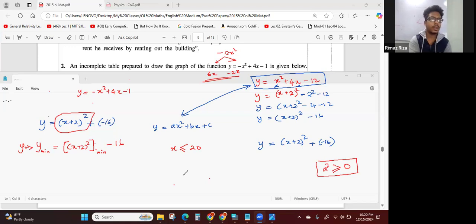Tell me, does this x have a maximum value or minimum value? Okay, I got the answer from Safa. And how about Koshani? What is your answer? It has a maximum value or minimum value?